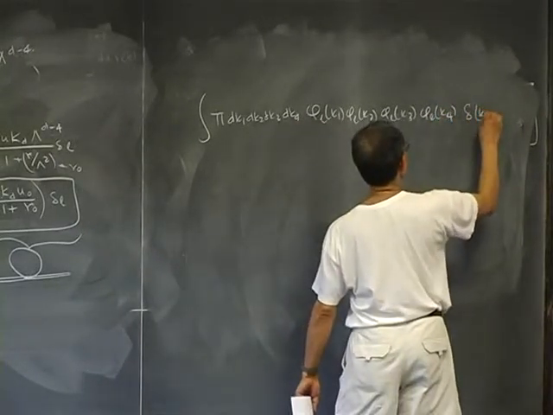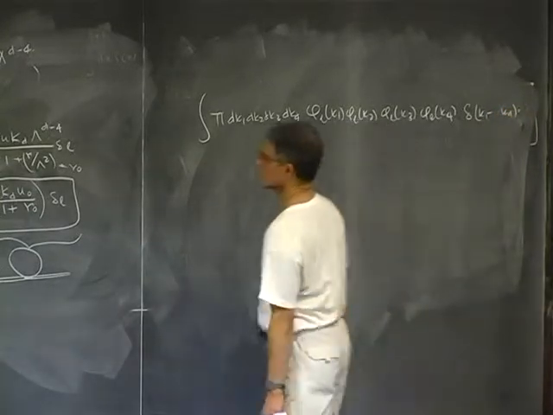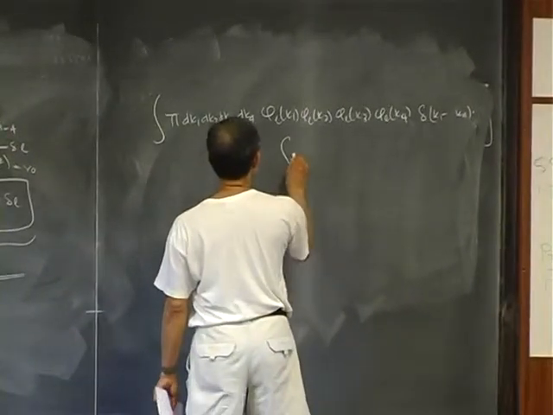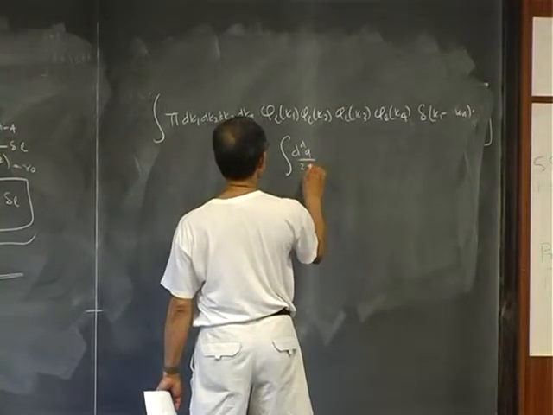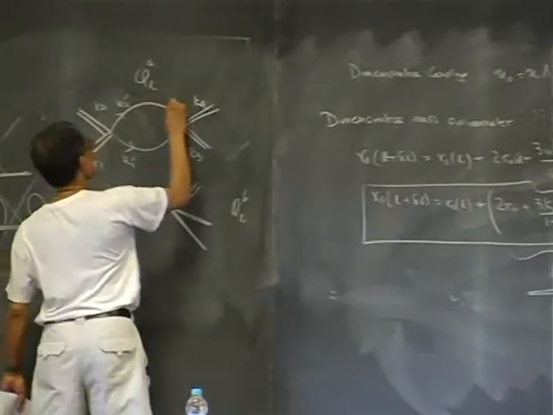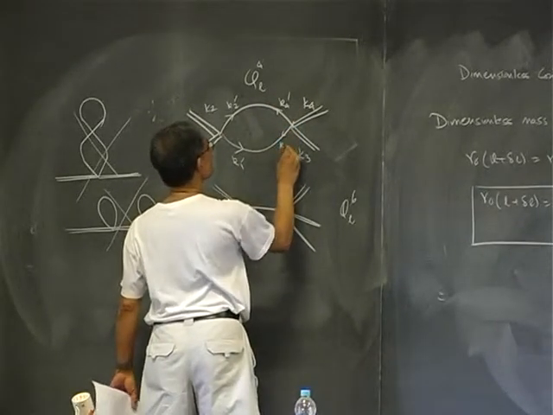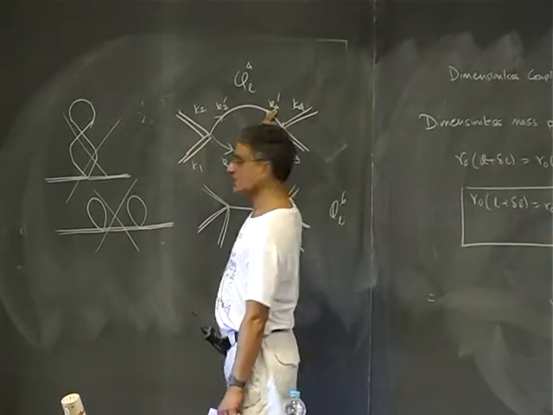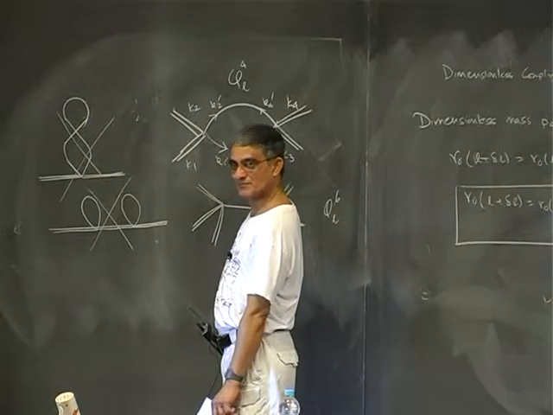Delta function k1 to k4, and then there has to be an integral which comes from the contraction of the short modes. There will be a single integral there, because if I have a momentum here which is k1 prime and k2 prime, and a momentum here which is k4 prime and k3 prime, there will be a delta function which sets k2 prime equal to minus k4 prime and k1 prime equal to minus k3 prime, right.